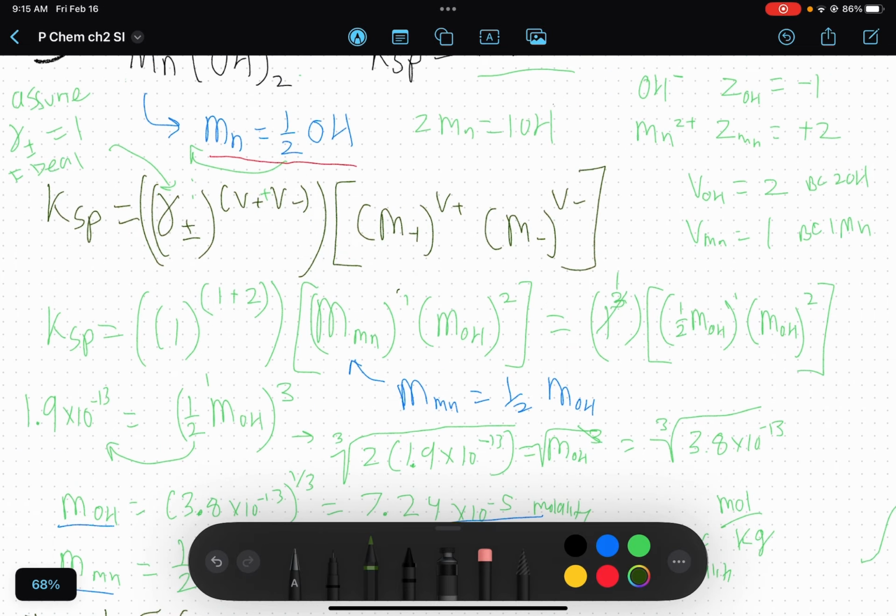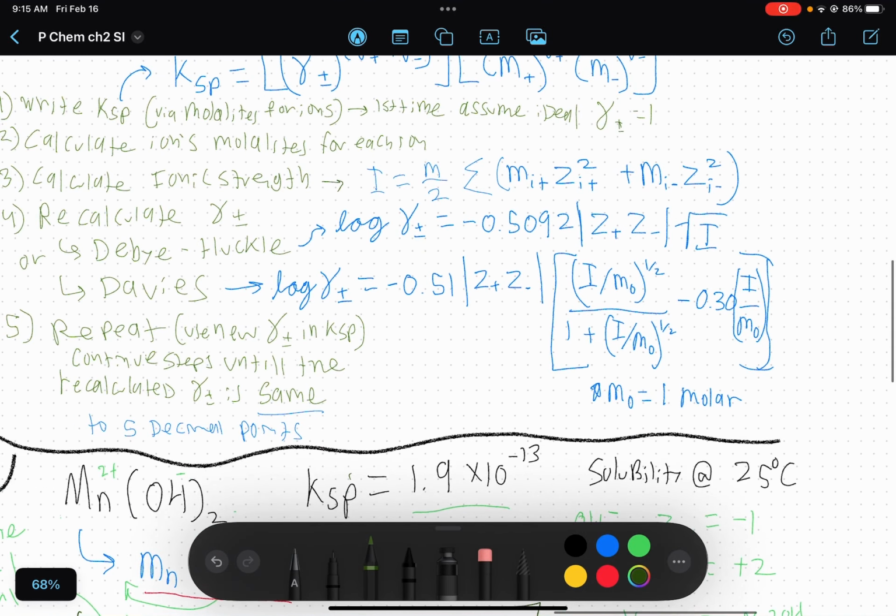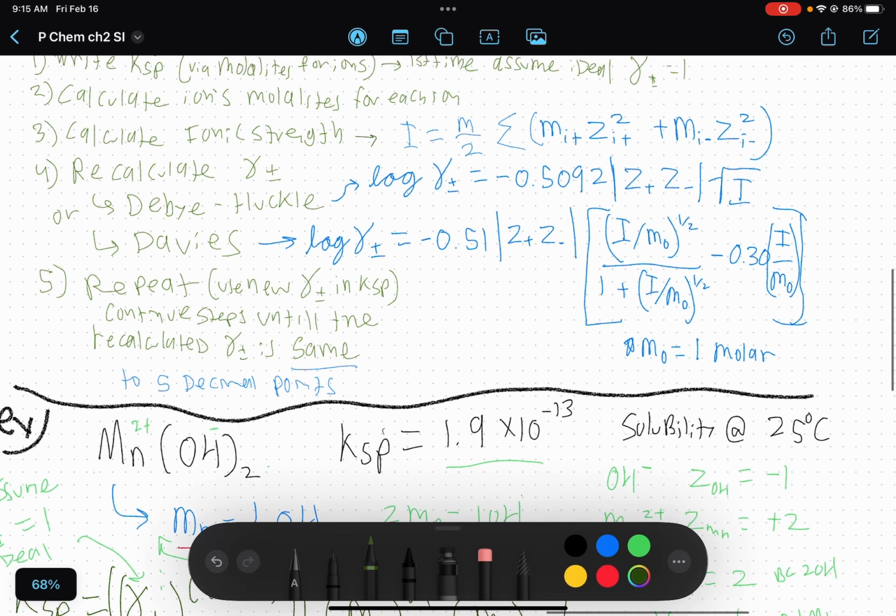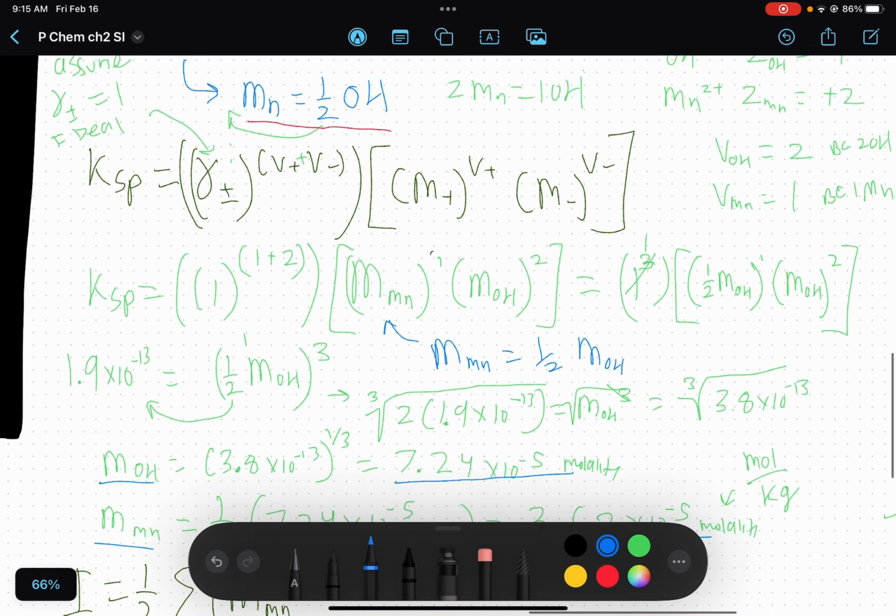If you want the general equation, it's up here. I usually just do 1 over 2. There's a version that uses the v's too, that's why I usually use 1 over 2. The v's, I mean, my bad.